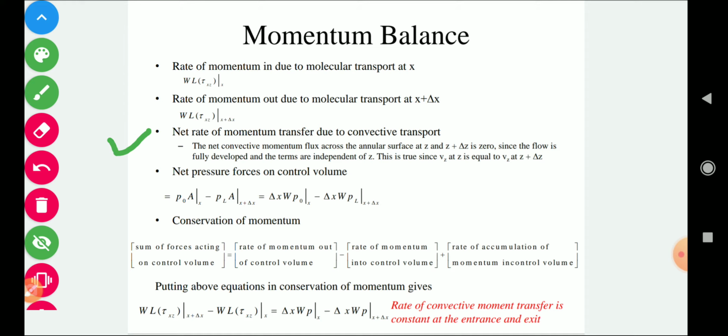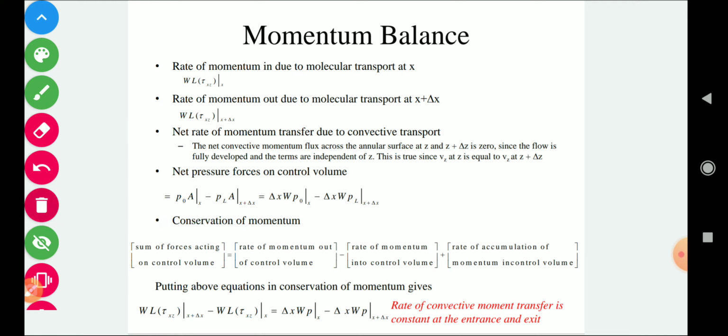and net pressure force on the control volume will be equal to P0 A at x minus PL A at x plus delta x, because P0 and PL are pressure at the entrance and exit of the control volume, and A is the cross sectional area.